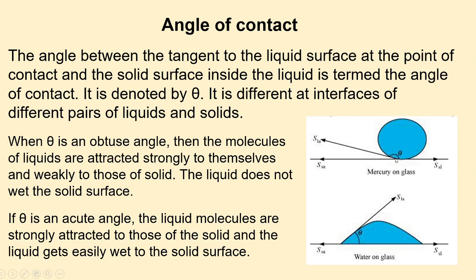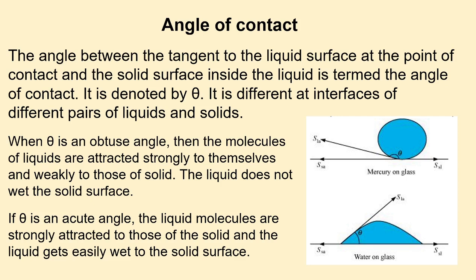This angle is theta, the angle between the solid surface and the tangent to the liquid surface at the point of contact. So this is the angle of contact. You can see this angle is obtuse, and that means the cohesive forces are dominating. The molecules of the liquid are attracted strongly to themselves and weakly to those of the solid. So they don't wet the solid surface, and they become more spherical in shape.